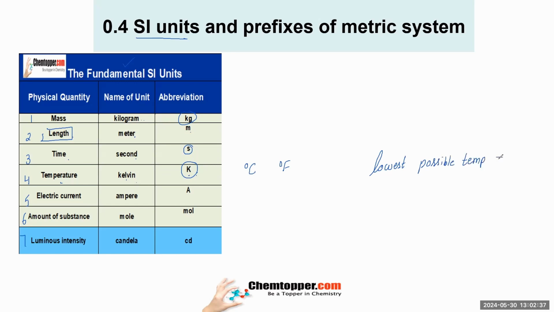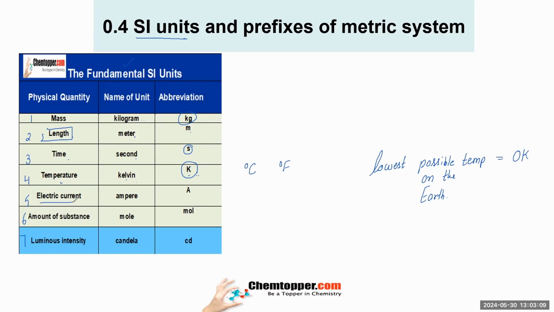It means we don't have any negative temperature in Kelvin. So scientists prefer Kelvin as the SI unit, where they don't have to deal with negative temperatures. Degree Celsius can be negative. Degree Fahrenheit can also be negative. But Kelvin can never be negative.